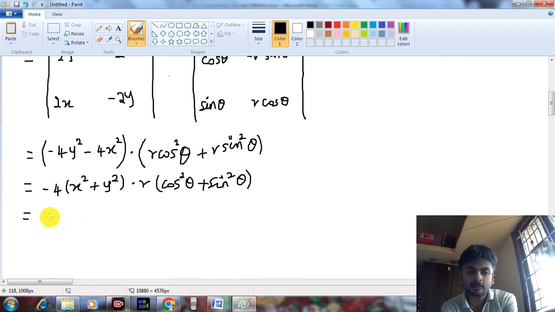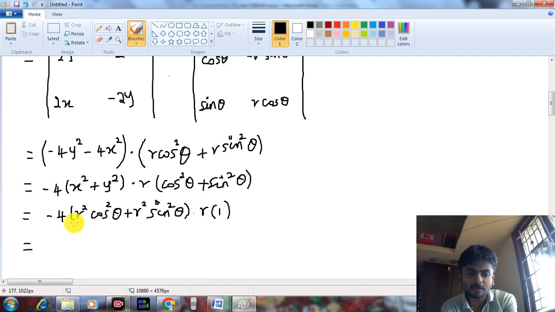So it is minus 4 into r square cos square theta plus r square sin square theta, into this term, where cos square theta plus sin square theta is 1. So here we can take r square commonly outside.